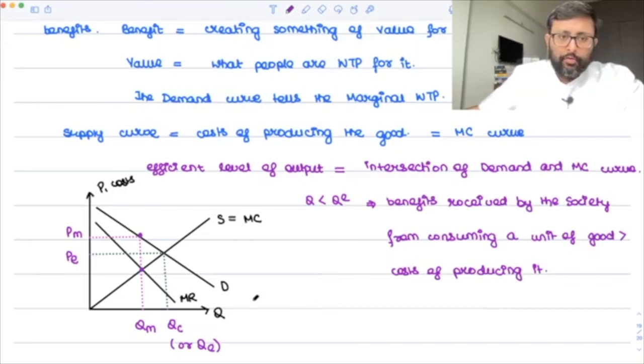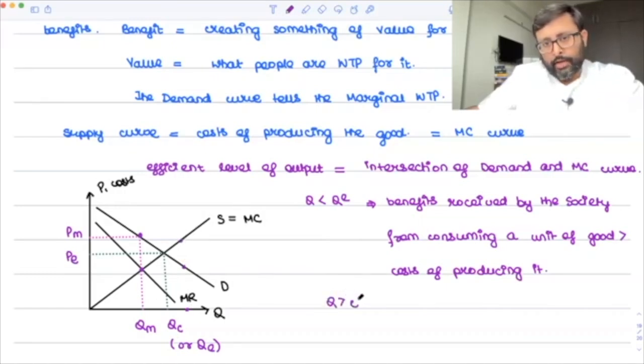For something which is greater than QE, for example here at this particular point, I'm not marking this. For this level of Q, the benefits are this much and the cost is this, right?